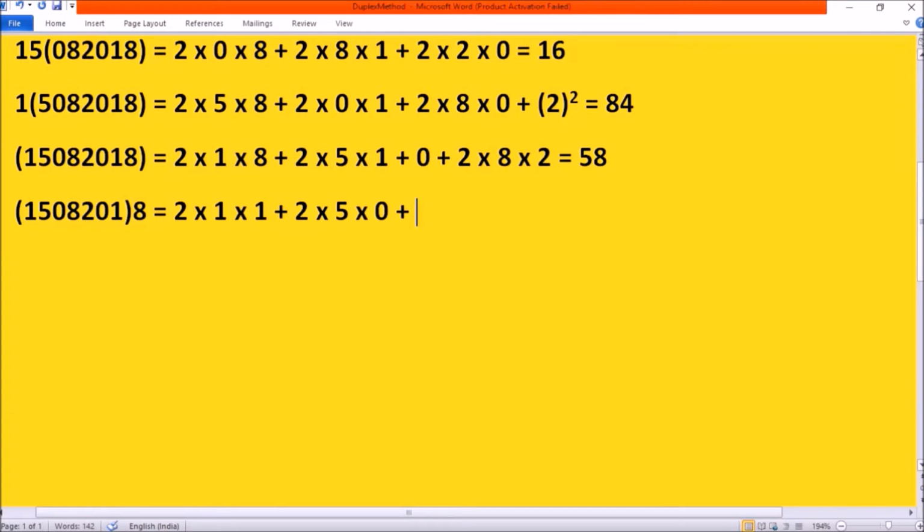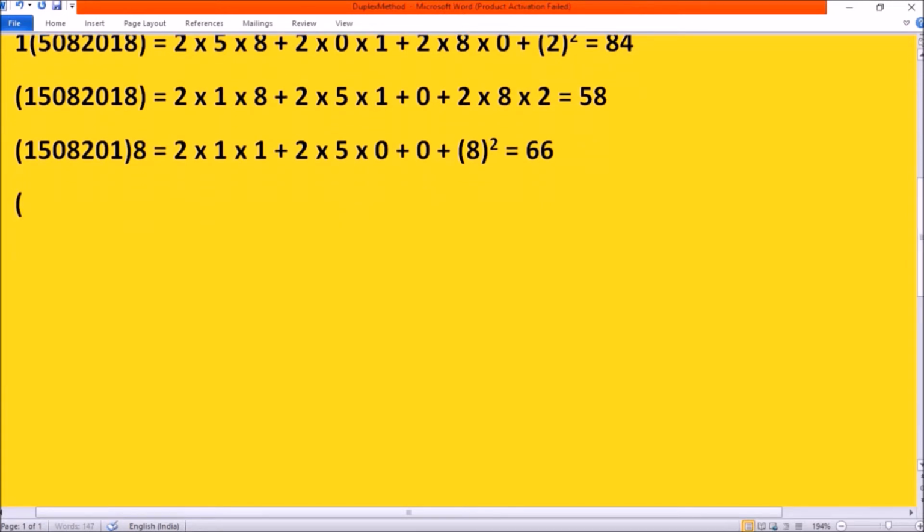So we have taken n minus 1 digits, that is 1508201, and the duplex of this comes to be 66. And then we will consider n minus 2 digits. The value of n here was 8, so n minus 2 would be 6, and we will form the group of 6 digits from the left, which is 150A20.